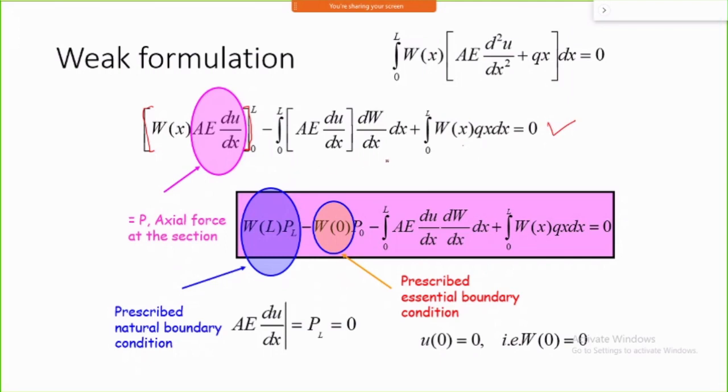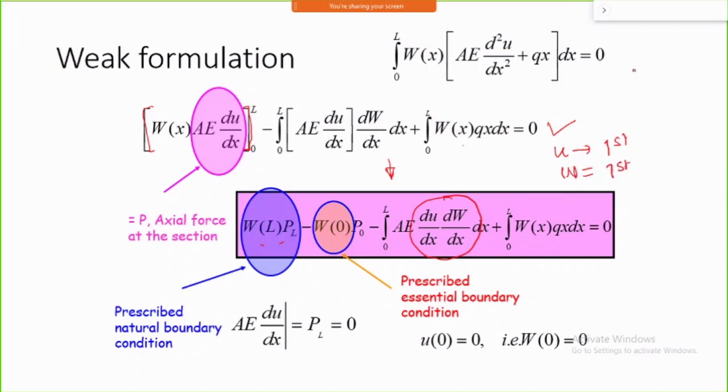If you simplify this equation to this level, what can you observe? Here we can substitute L and 0, and we got this. These are called prescribed natural boundary conditions. So this is one part, and most importantly you can observe that the requirement on U was first order and on W is also first order.